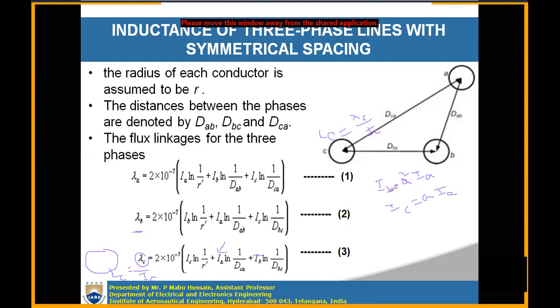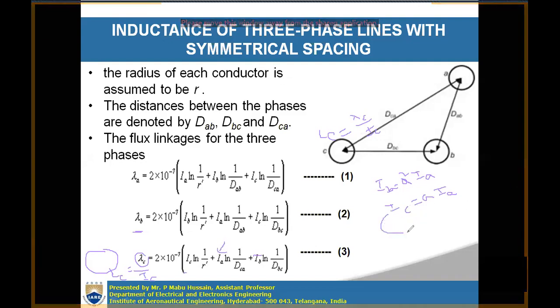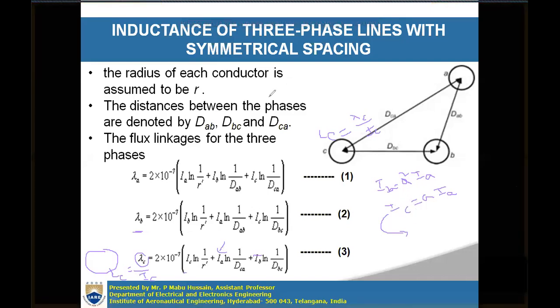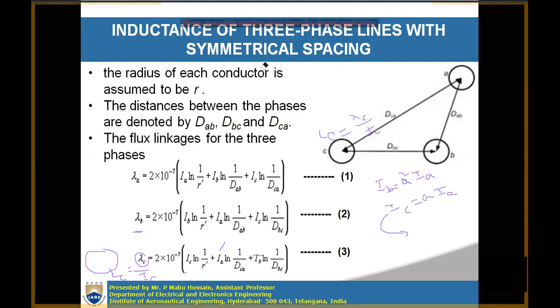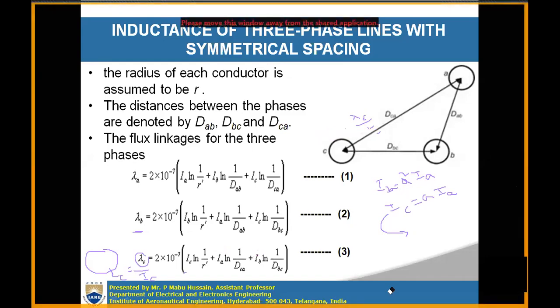So these were derived before, right? From these values, you have to represent IA in terms of IC. That means from this expression, IA can be written as IC by A, right? So here, IA can be written as IC by A.